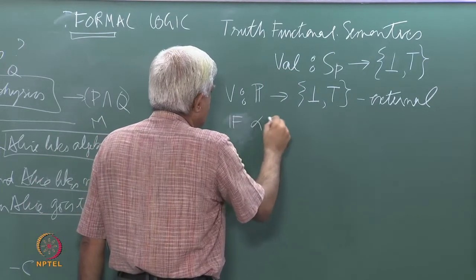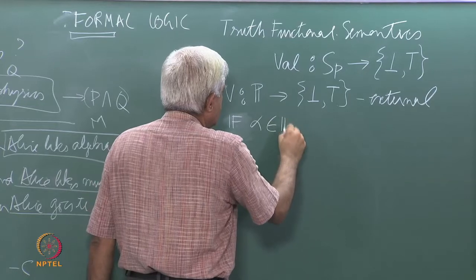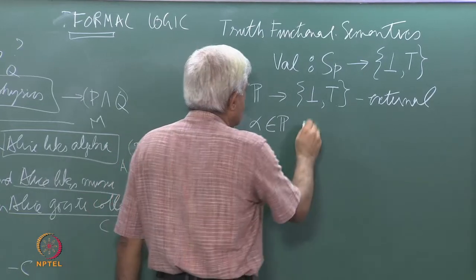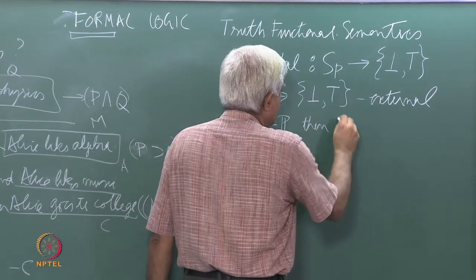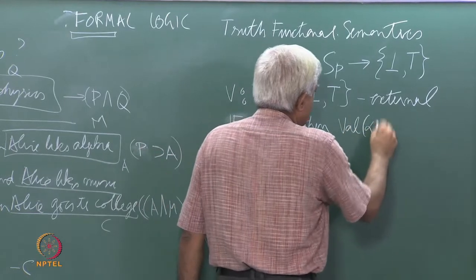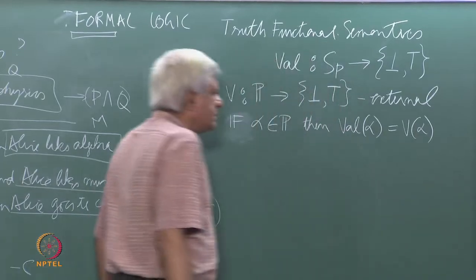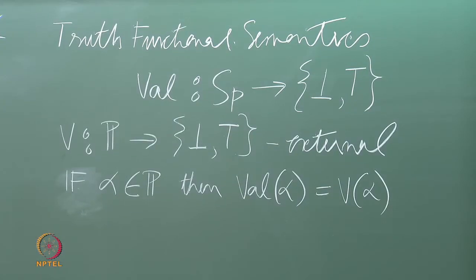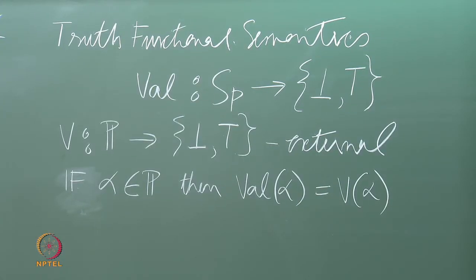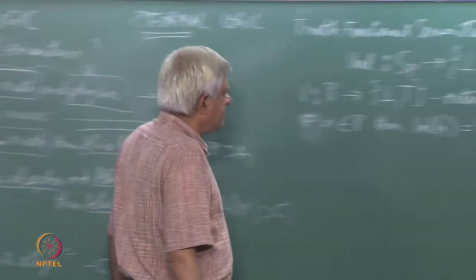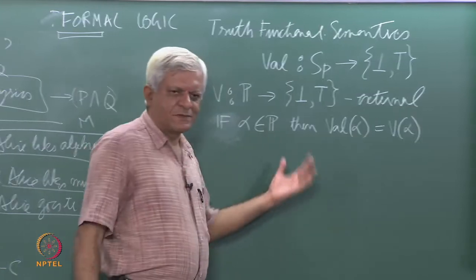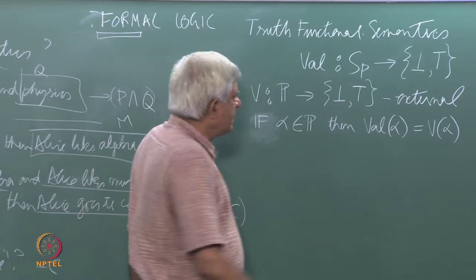If alpha belongs to pi, then val alpha is equal to V alpha, because somebody has given us what it maps to. We are really talking about truth tables from this point onwards.